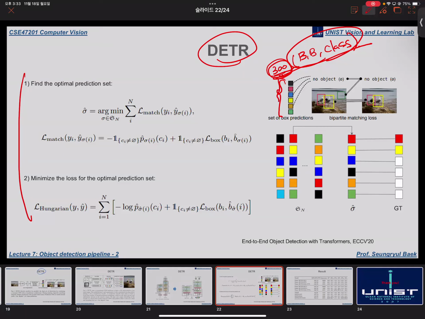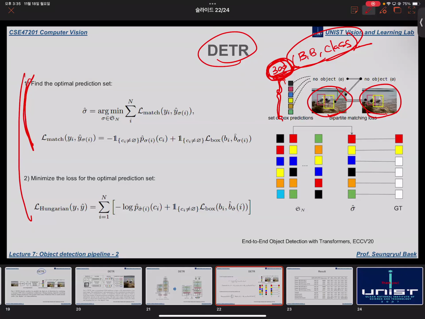The number of predictions from your DETR is 300, but if your ground truth image has just two ground truth objects, then you have to somehow filter out the bounding boxes which are far from the ground truth.